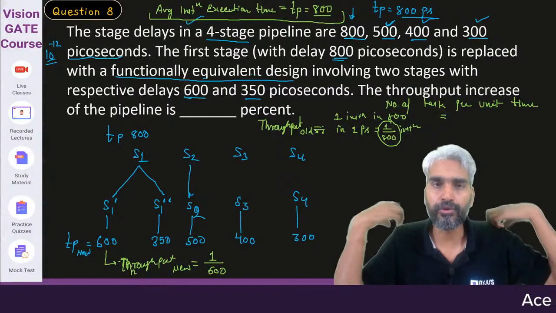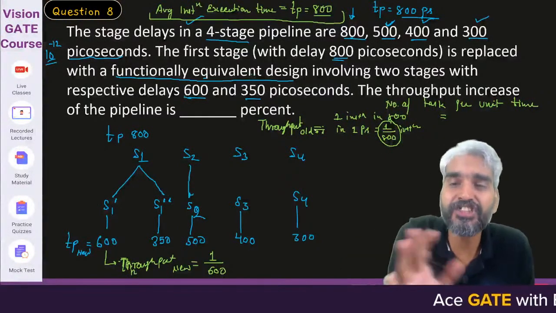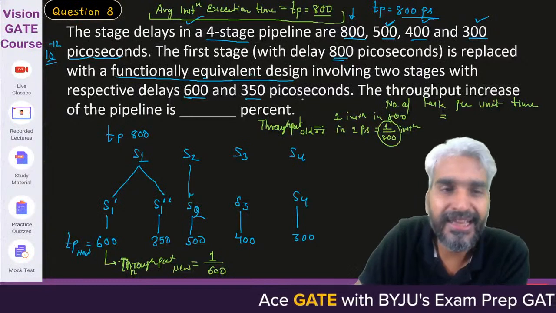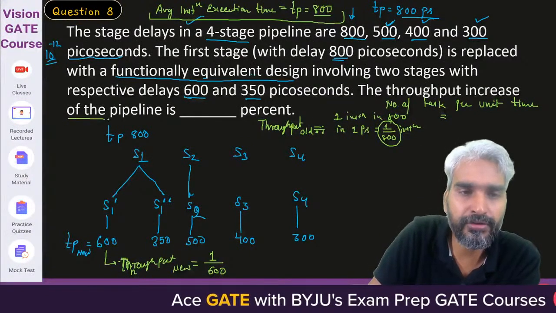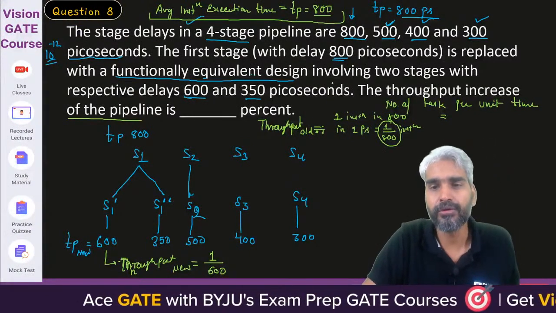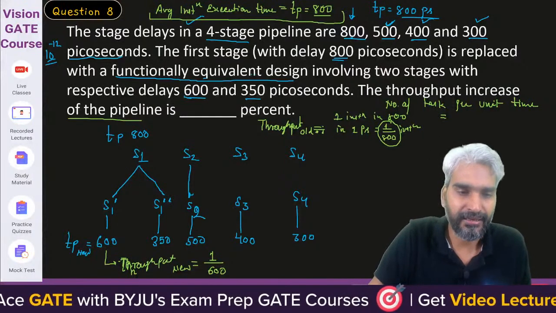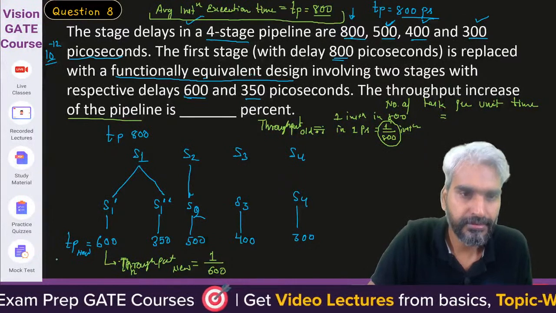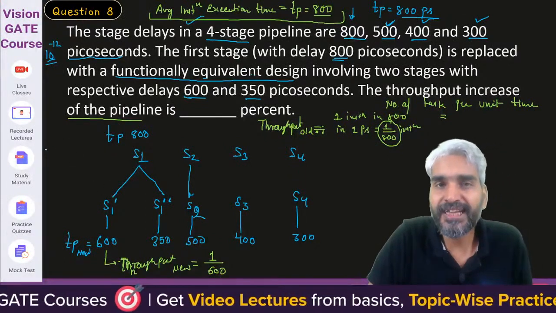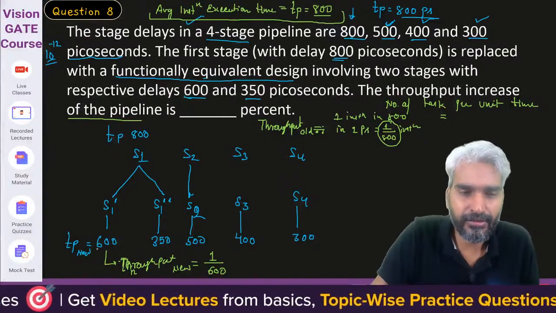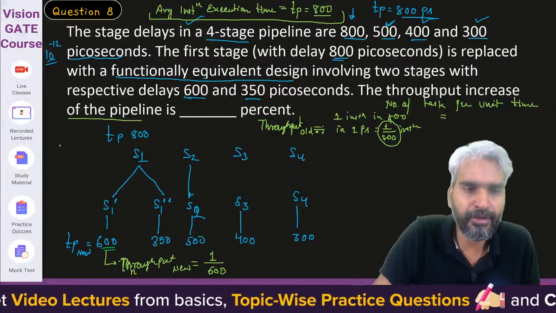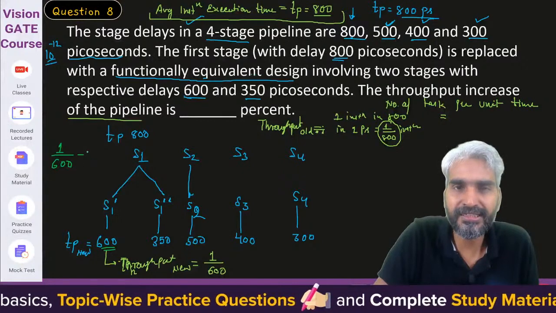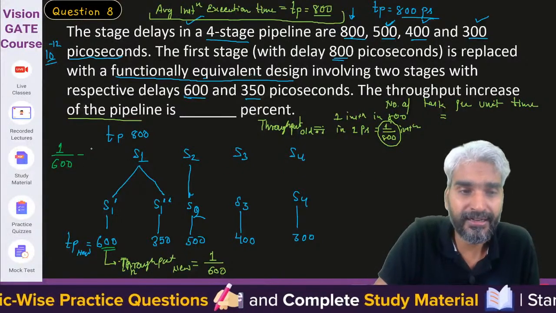Now it is asking for the percentage change in throughput. By what value has the throughput increased with respect to the old value? The new throughput will be 1 upon 600, and the old throughput is 1 upon 800.